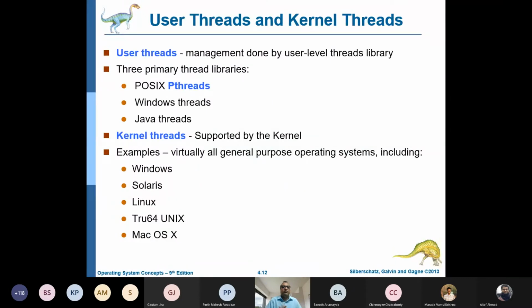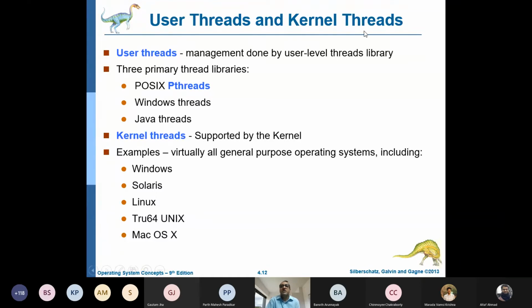Now we'll discuss how these threads are implemented or managed. Here you have user threads and kernel threads. User threads are the threads introduced in the application program, and they are managed in user space, so they are known as user threads.